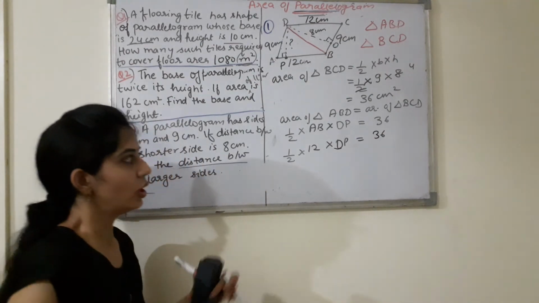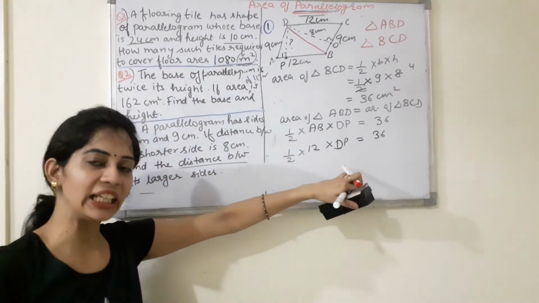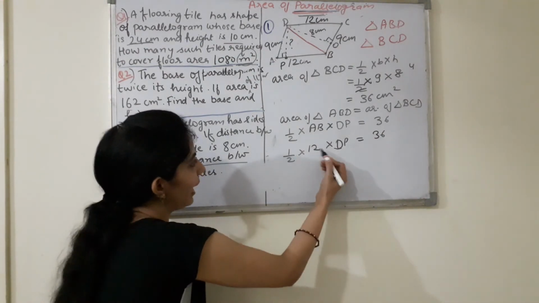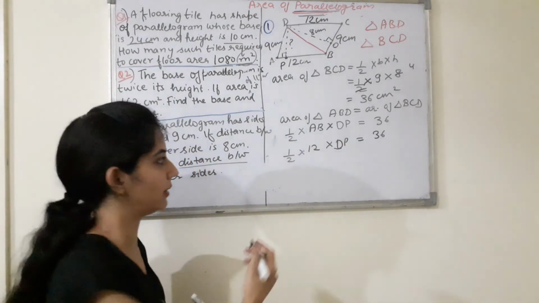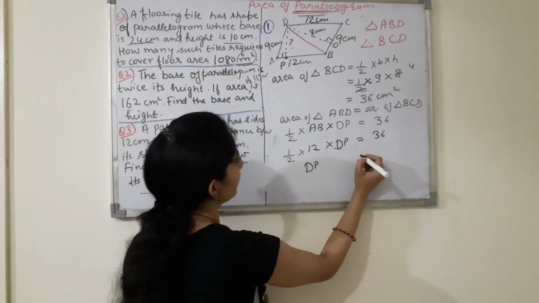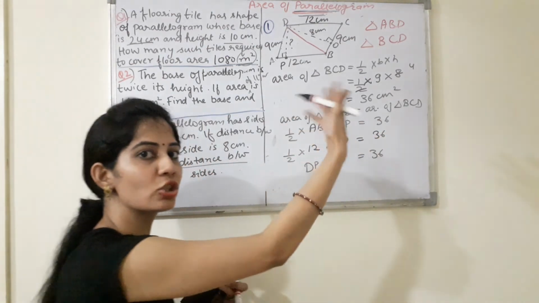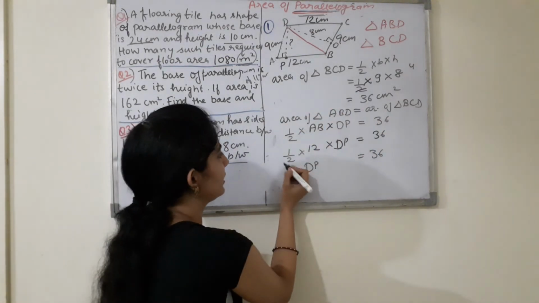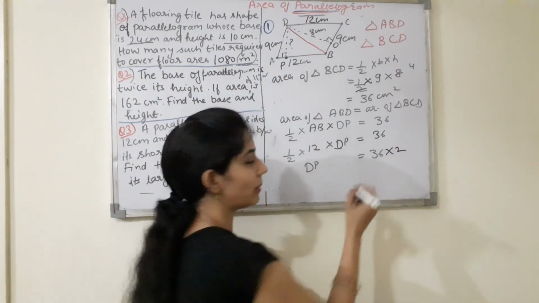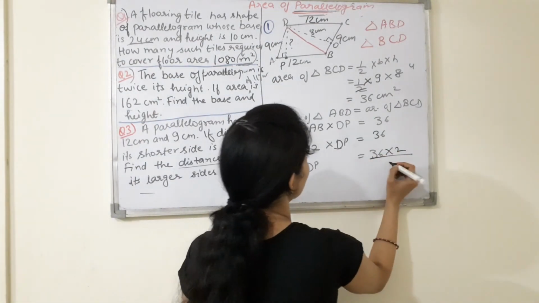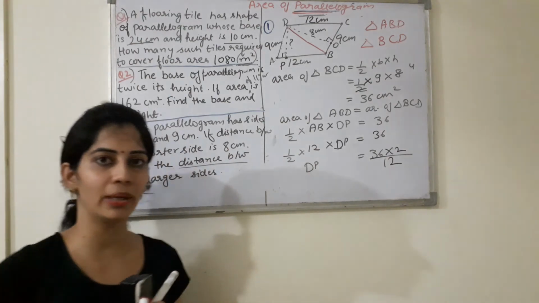This is 36. So you want to find this, so you will keep it here and take the rest of the values to the other side. So DP you keep here. This 36, the value which is in division will come into multiplication, and what is in multiplication will come into division. This 2 is in division, so it will come in multiplication. This 12 is in multiplication, so it will come in division.